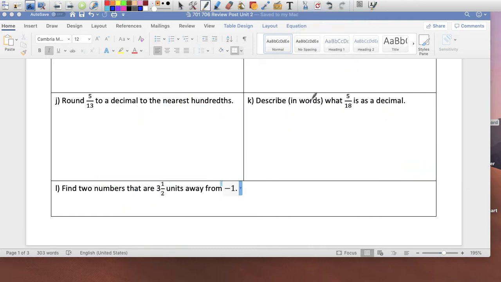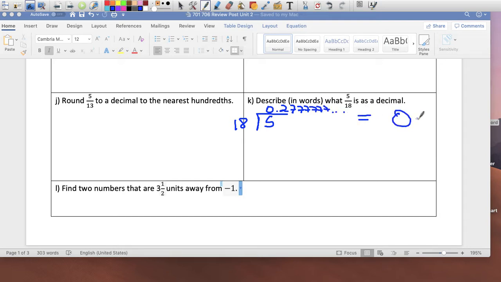5 over 18, what is it as a decimal? Well, let's divide. In your calculator, 5 divided by 18, you're going to get 0.2777777, and so on.